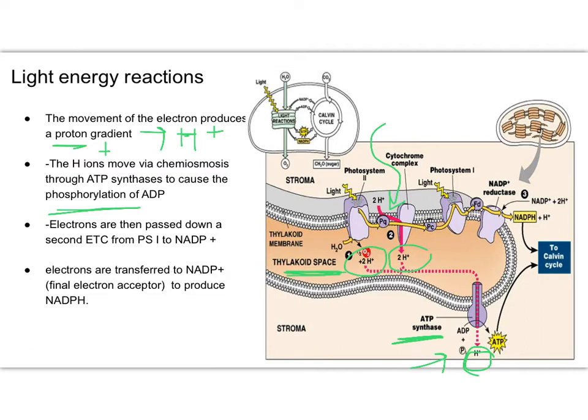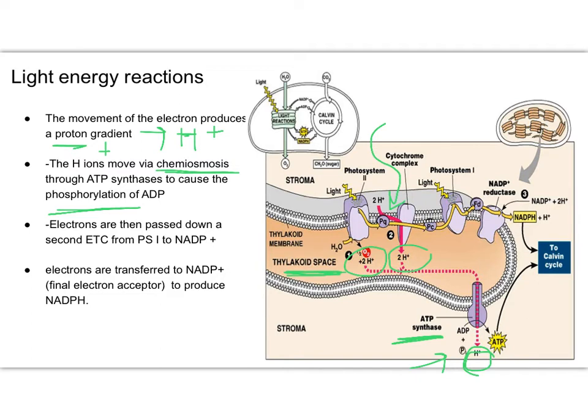So the movement of those electrons down that electron transport chain is helping to create ATP because it's creating the proton gradient, which allows the hydrogens to then flow through the ATP synthase to create the ATP. That hydrogen flow is called chemiosmosis. Okay, so that hydrogen diffusion through the ATP synthase because of the proton gradient is called chemiosmosis.